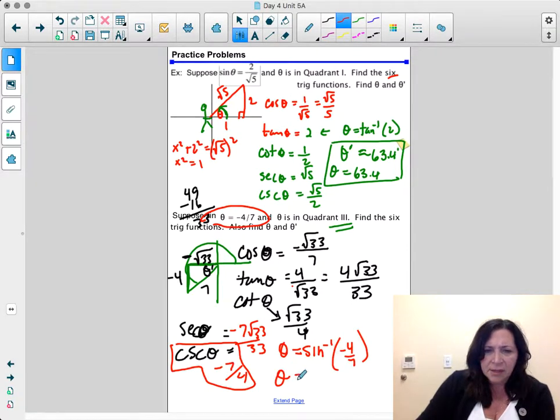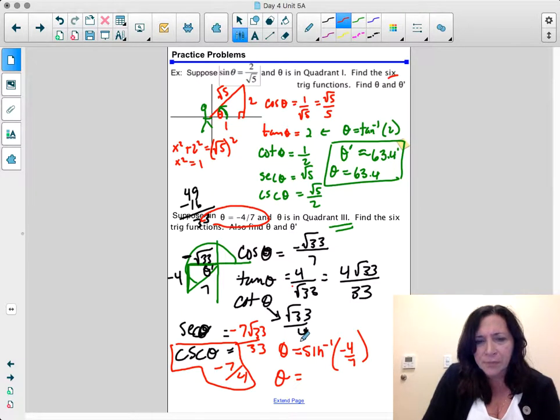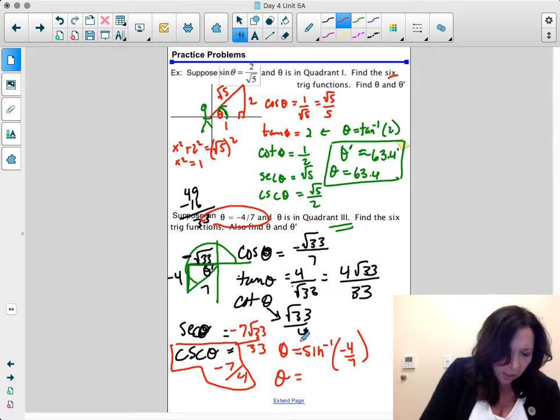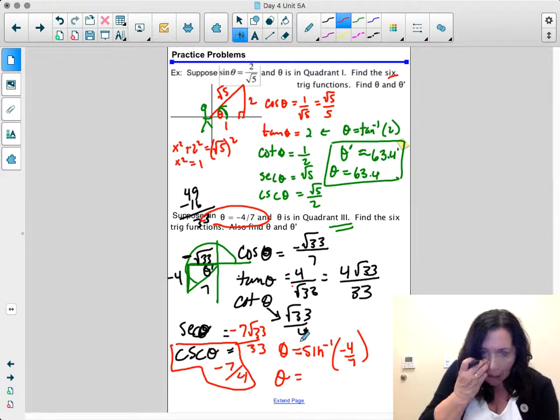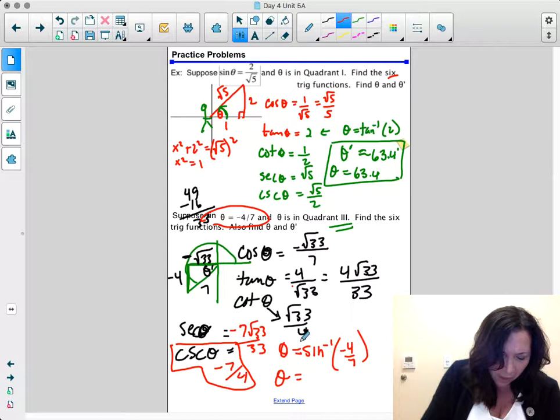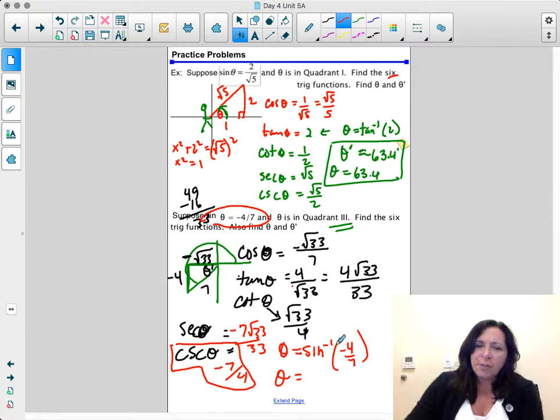Sometimes theta is the whole angle, but most of the time it's the reference. So we're going to go trig function, arc sine of -4 divided by 7. And I get 34.8. You probably are looking at your calculator and you're going, wait, nope, I got -34.8.